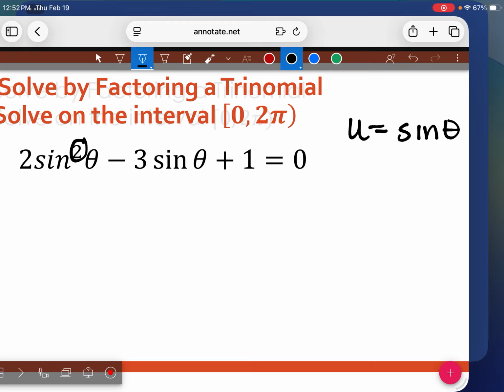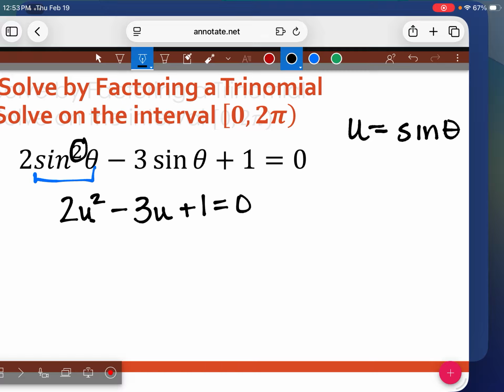That way I can rewrite it as 2u squared minus 3u plus 1 equals 0, which tends to be a little friendlier looking than leaving it as 2 sine squared minus 3 sine theta plus 1. But that's optional. You do not have to do that.